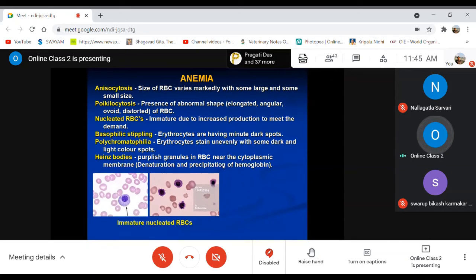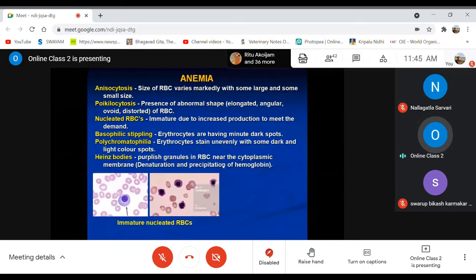During that period, some immature RBCs can be formed. On examination, you will find many of those RBCs are nucleated, which means they are immature and newly formed, right?